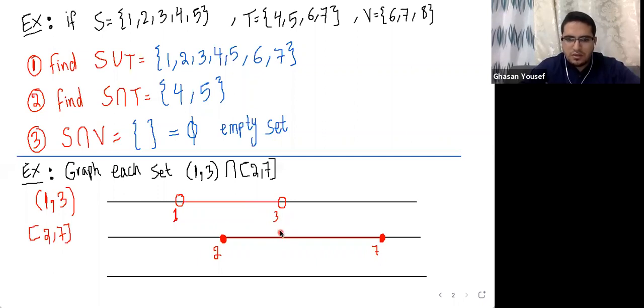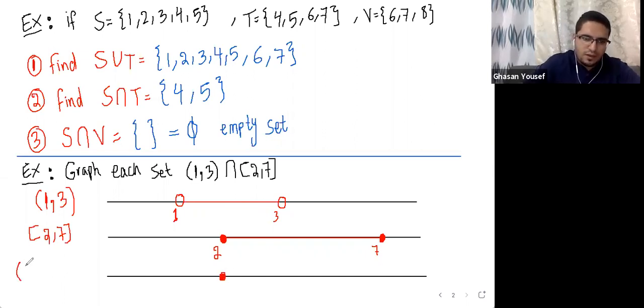The 3 is open because it's open in this one and closed here, so it's not a common value between both of the intervals. So at 2 it is closed because it's common between the two intervals.